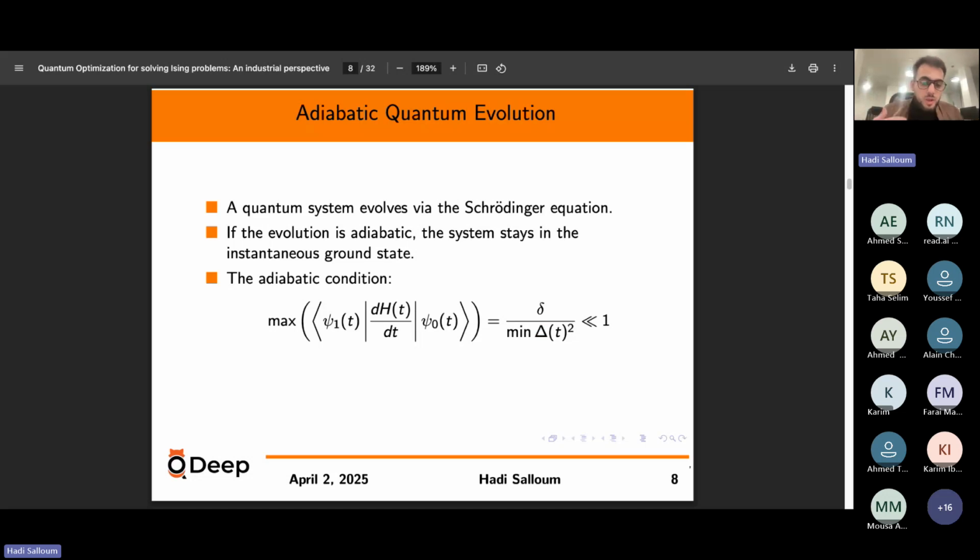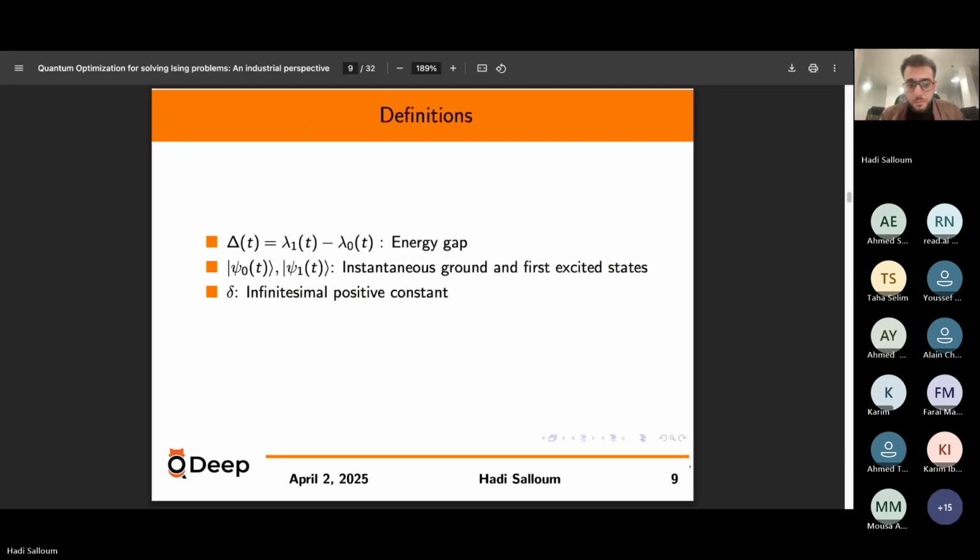It means that we should make the annealing process very slow, or we should expand the gap between two energy states, so we can create this adiabatic condition. Why? Because if you make it very fast and the energy gap is small, it will go to an excited state of energy, and the solution will not be optimal.